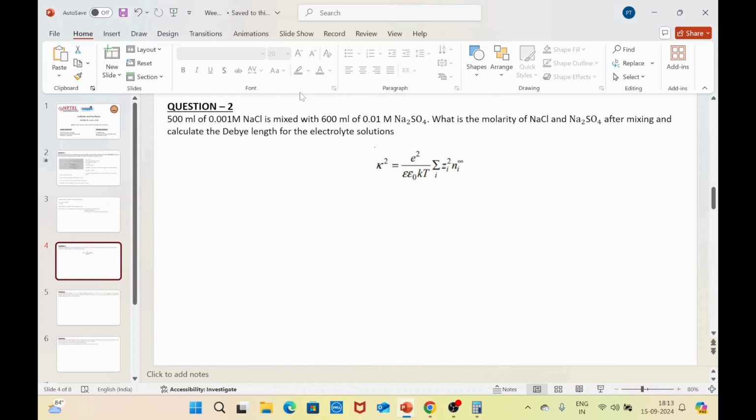It's NaCl and Na2SO4, so there will not be any sort of reaction happening between these two compounds.